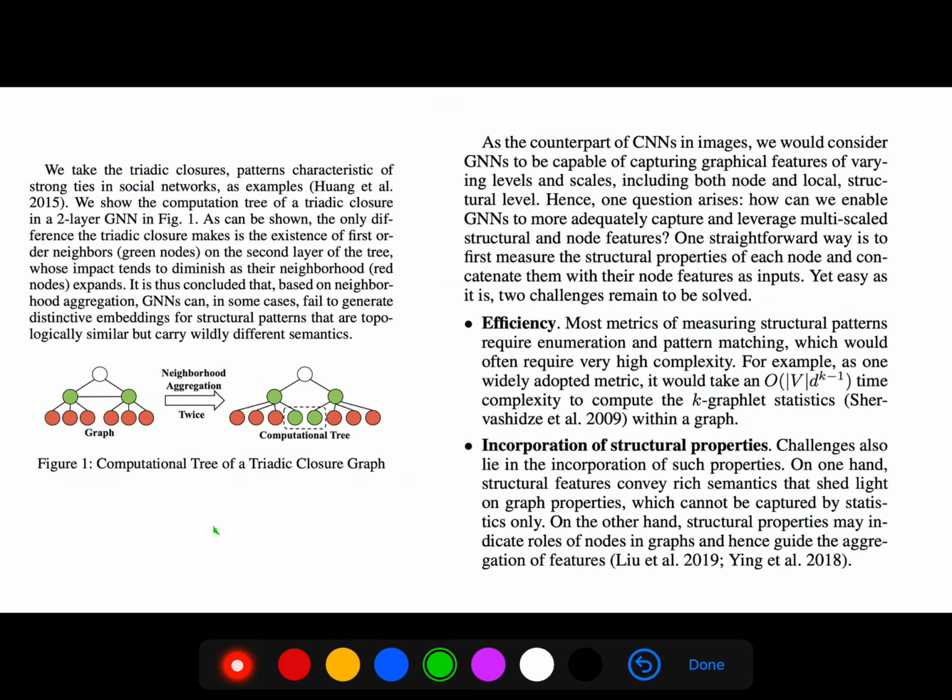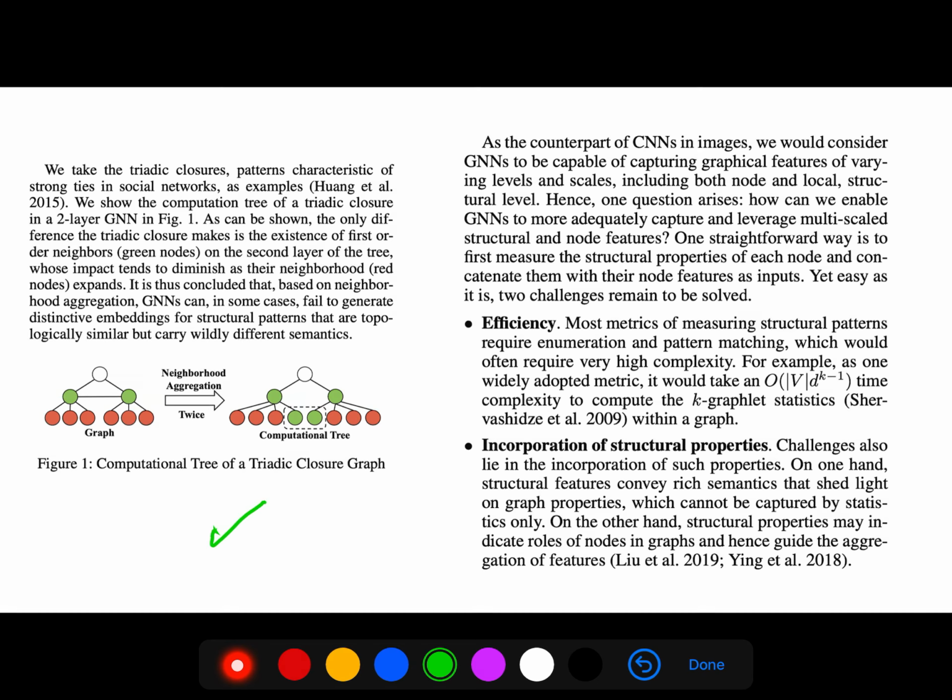So this is a computation tree of a triadic closure graph. We take the triadic closure, a characteristic pattern of strong ties in social networks, as an example. We show the computation tree.